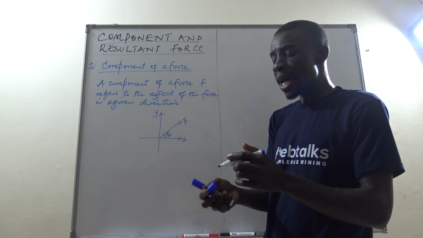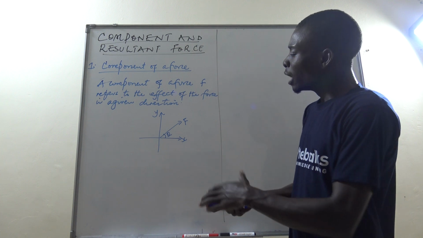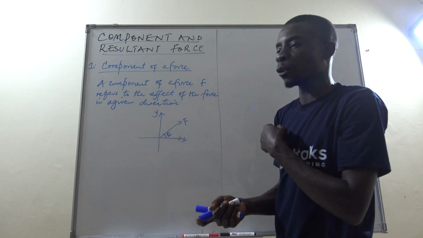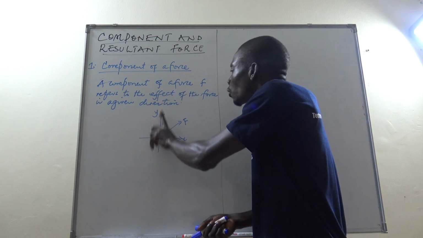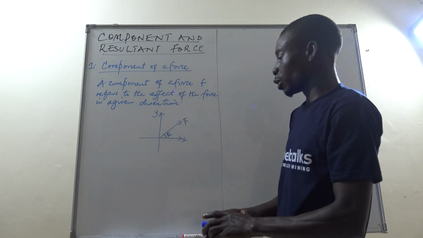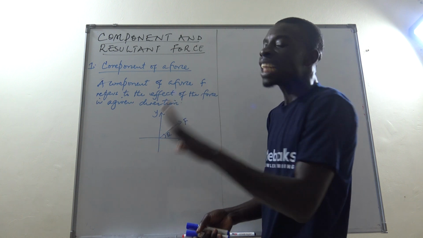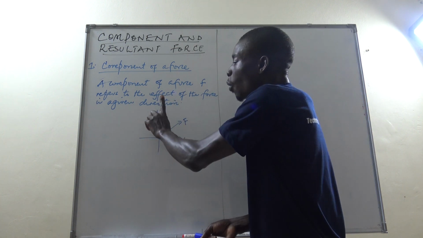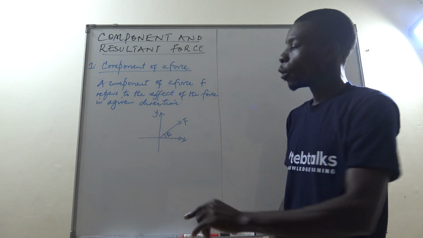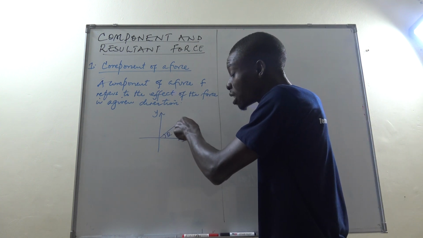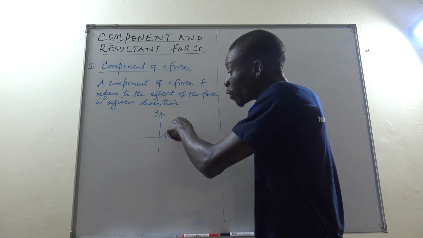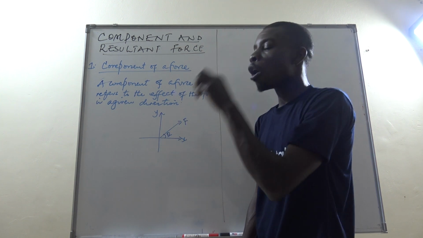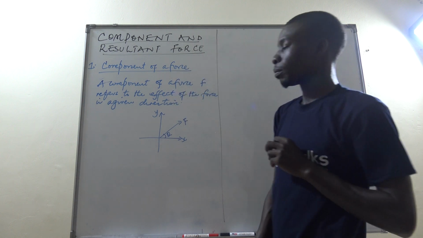But we may decide to say, what is the effect of this force in this horizontal direction? What is the effect of this force in this direction? When we start analyzing in terms of direction in y, direction in x, there we are now talking about the component of this in this direction, the component of this in the other direction. So that is what we are calling the component of a force.